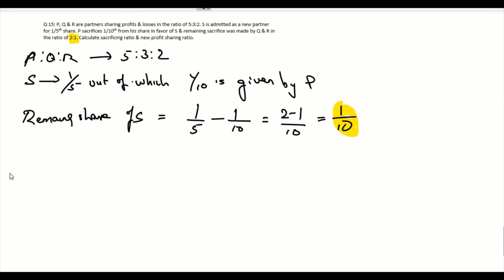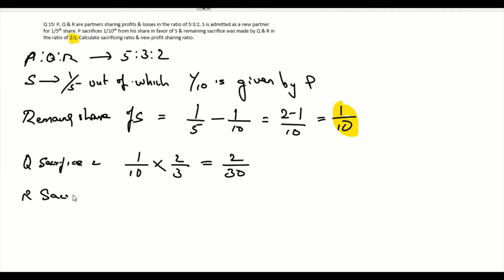So let's find how much Q is going to sacrifice. Q's sacrifice is equal to the remaining share, this is 1/10 into the 2:1 ratio, that means it's going to be 2/3. That is equal to 2/30. R's sacrifice, that is 1/10 into 1/3, that is equal to 1/30.